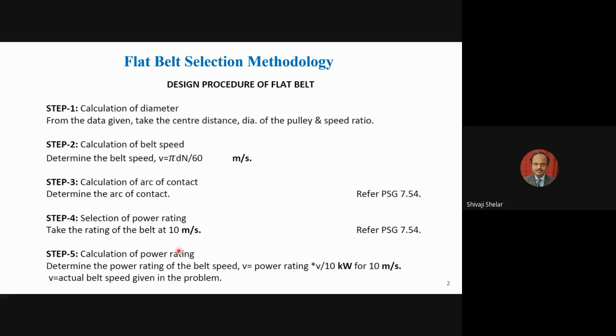So in the next step, that is step 5, from the power rating in the table, you will be calculating the power rating for your current speed.